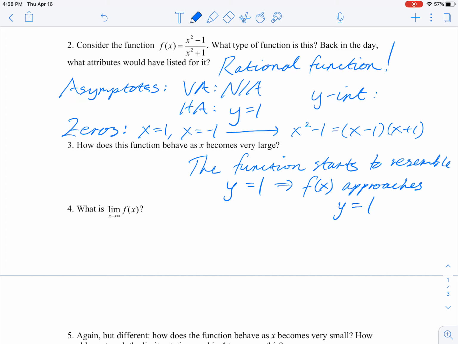And that would imply that the limit as x approaches infinity of f of x is in fact equal to 1. So there's the connection. This idea of a limit as x goes to infinity is really what we were dealing with earlier in the form of a horizontal asymptote. As I said, you've got some background with this.